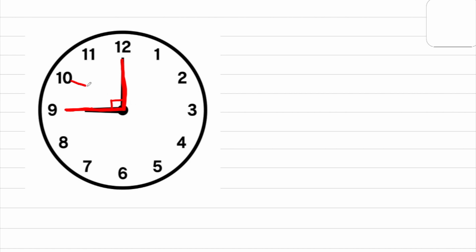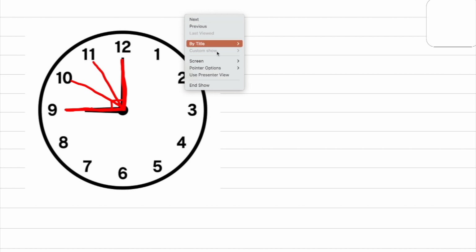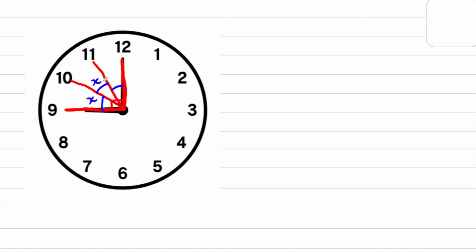When I connect 10 to the center of the circle and 11 to the center of the circle, I make 3 more angles. The first angle is this one, the second one is here, and the third one is here. And these are equivalent angles. Here is x, here is x, and here is also x.